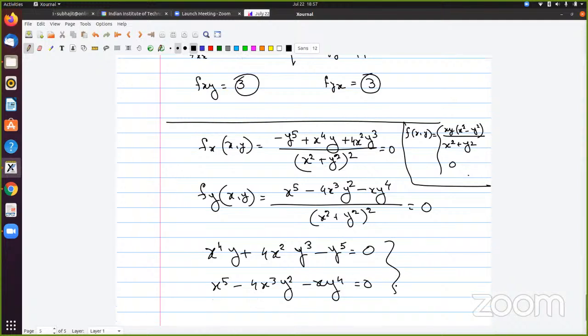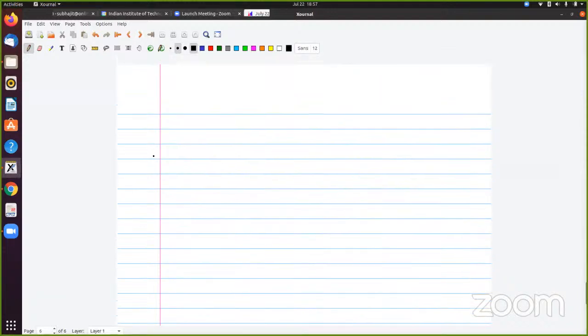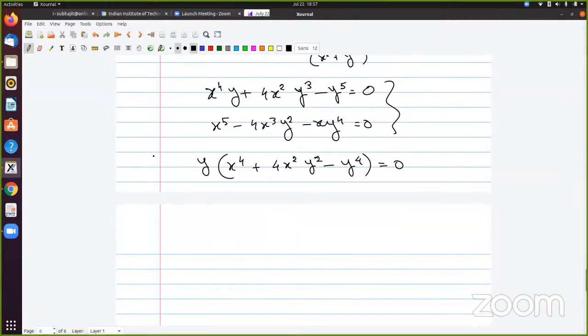For the first one, if we take y common, I will get this. And for the second one, if I take x common, I will get this.